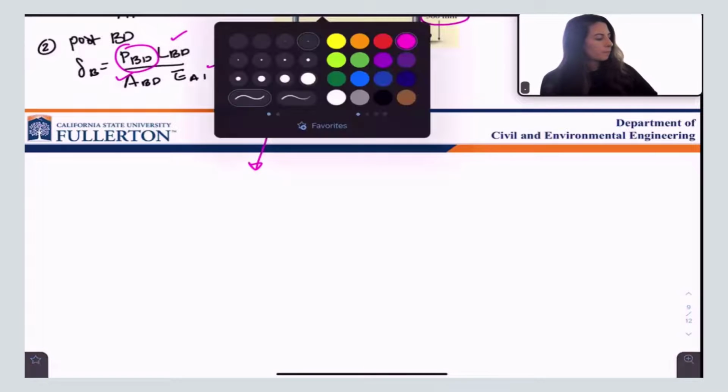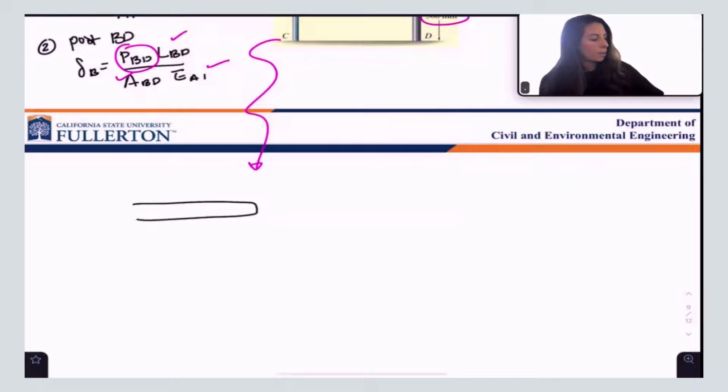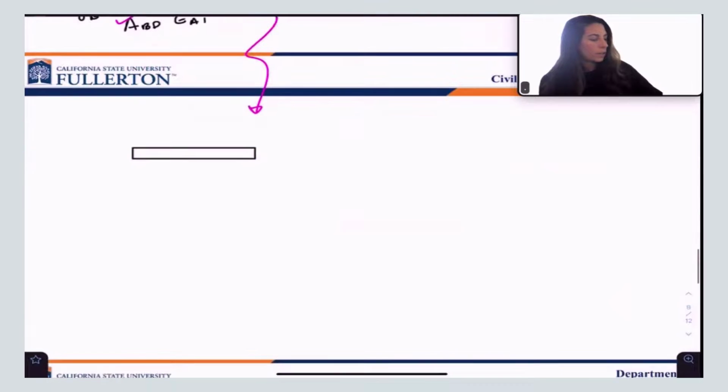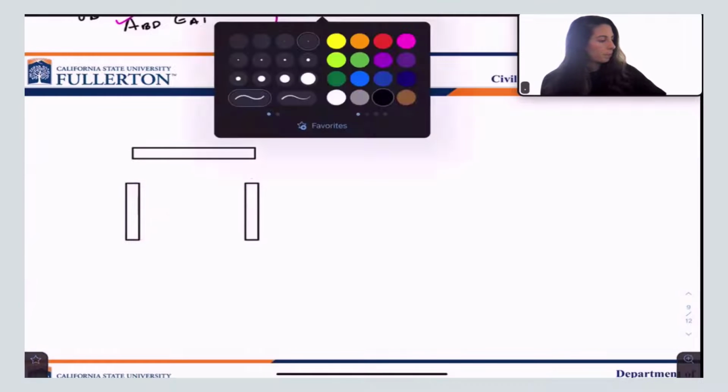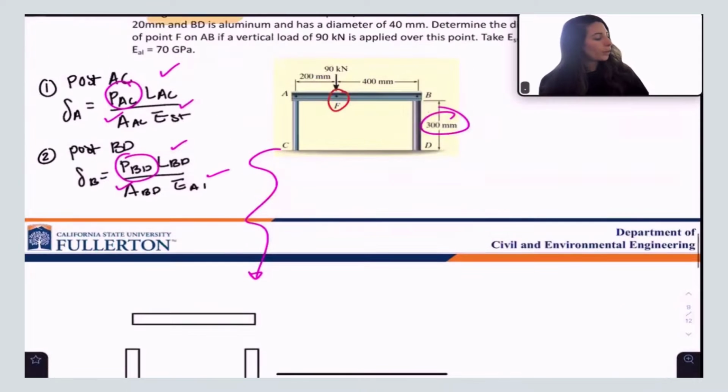Okay. So let's draw our top member and then let's draw our bottom member, our bottom post. Now, we have points A and B on the top and then C and D on the bottom.